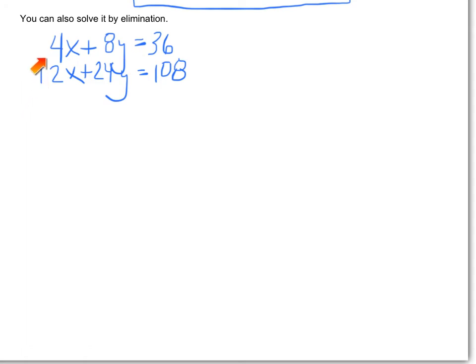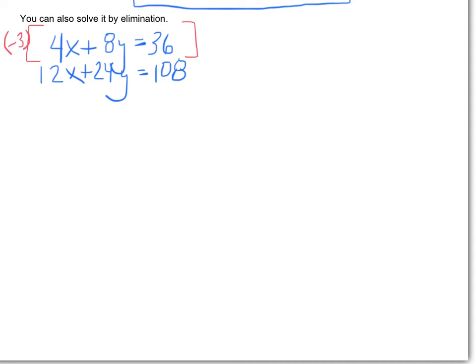Well, we have a 12 and a 4, 24 and an 8, 108 and a 36. So I can certainly pick any. I'm going to go with this first one here, the 4 and the 12. To help that one out, what I need to do is look at making the 4 become a negative 12. Now, to make the 4 negative 12, I would just multiply by negative 3 across that top one.